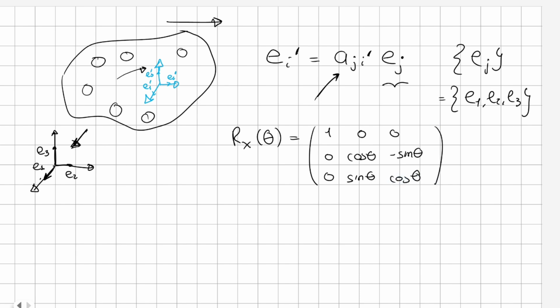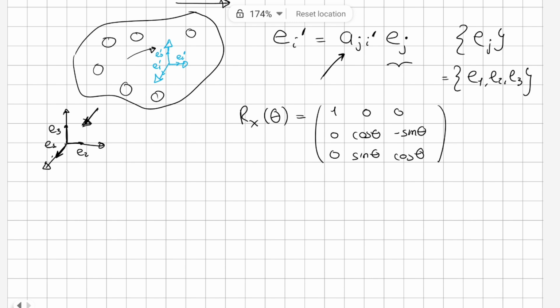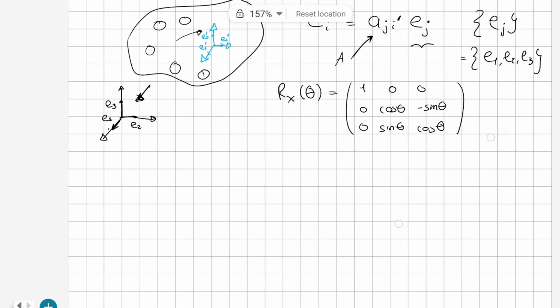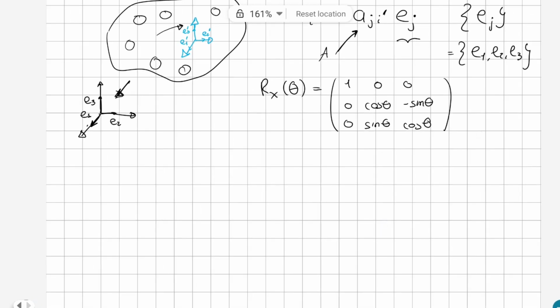So what we are going to do in this video is to consider that the transformation matrix A is made of a product of three rotation matrices. That's why we are going to introduce the Euler angles, because these are going to be the angles of rotation: actually two rotations about the z-axis, and one rotation about the x-axis, which is given by this matrix.